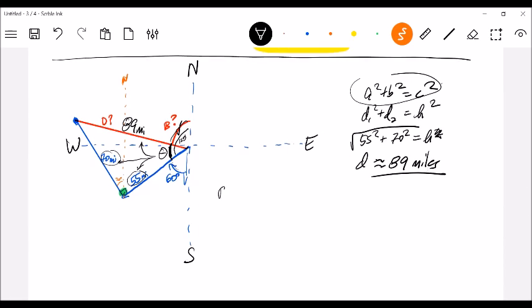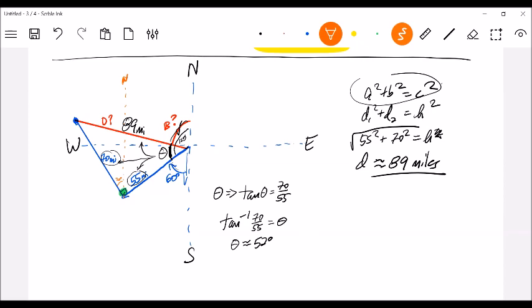So for the bearing, the angle theta, the tangent of that angle is equal to 70 over 55. Since I want to know the angle, I'll do tangent to the negative 1 of 70 over 55. That will be equal to the angle. Put that into the calculator, and you get approximately 52 degrees.